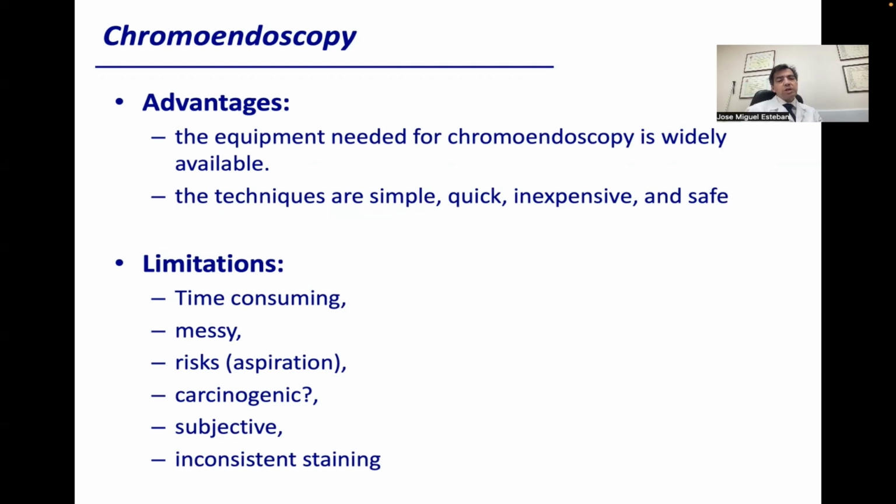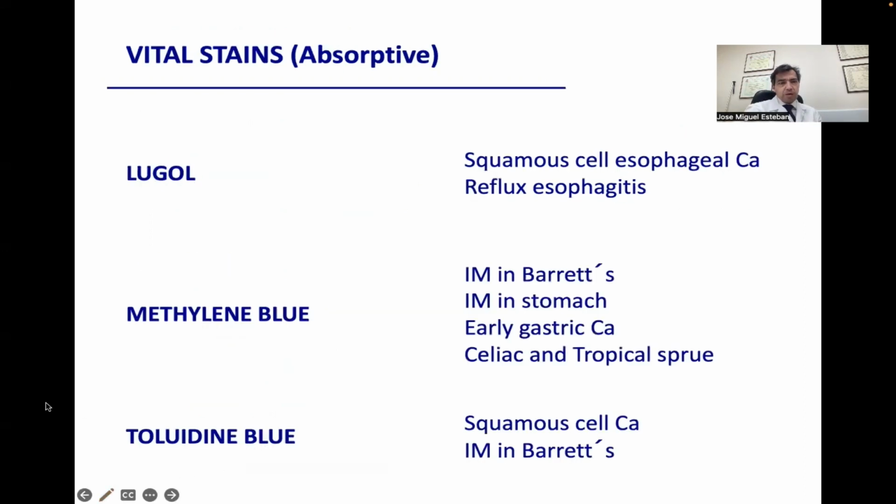It is quite messy, with a risk mainly of aspiration of the contents. It is not clear if it is really carcinogenic, and the appearances, as in all these studies, are kind of subjective, and the staining is widely inconsistent.